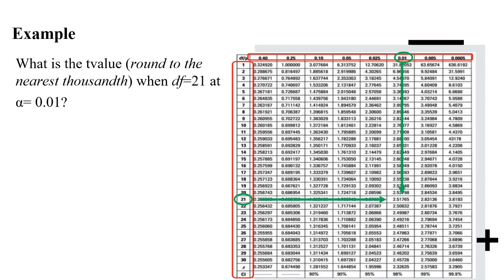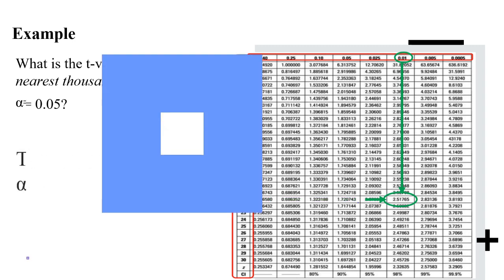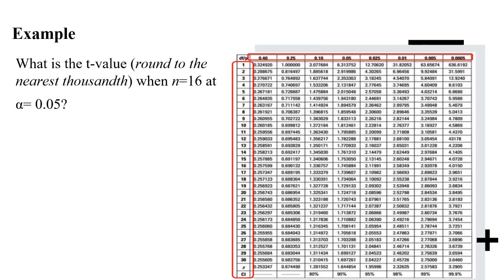Okay, let's combine it. We now have a t-value that is 2.51765. The t-value is the intersection between the left side column, that is the degree of freedom, and the right tail probabilities, that is your alpha, which is 2.51765.